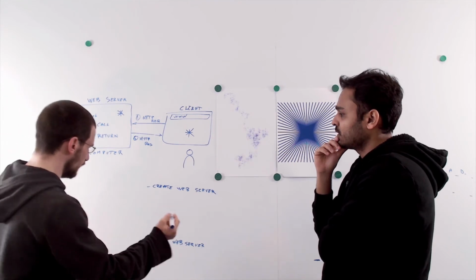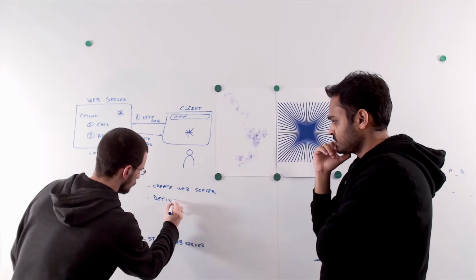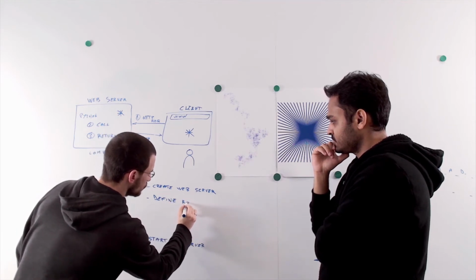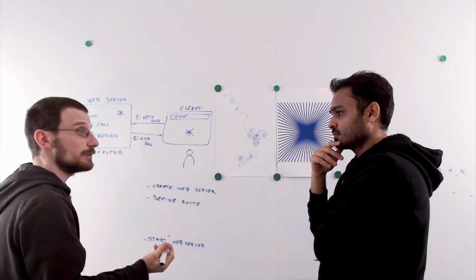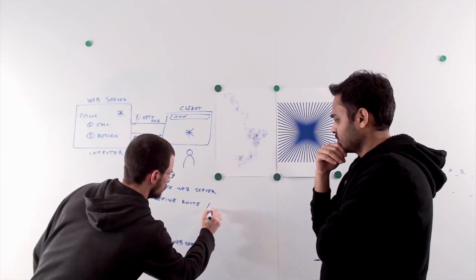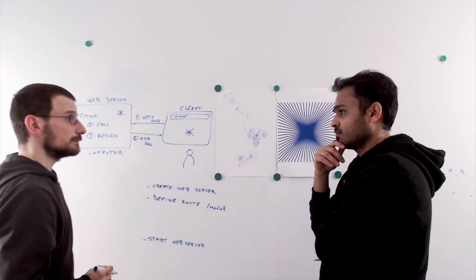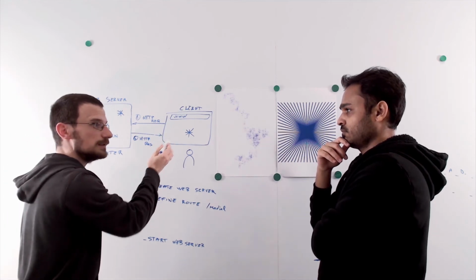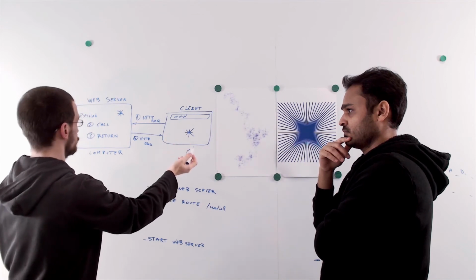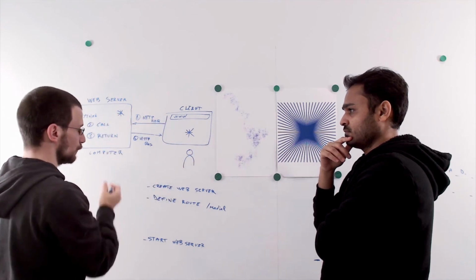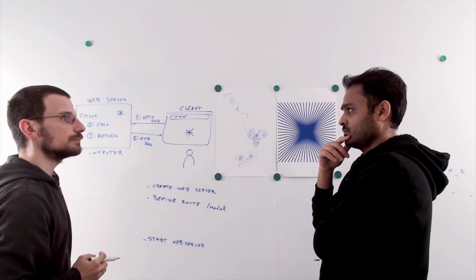If we define a route /radial, that is the route. That means that the client will be able to say /radial to reach the server and to connect to your drawing function.